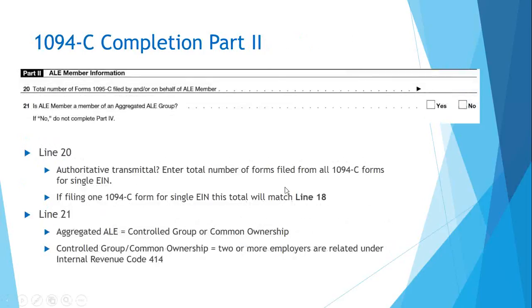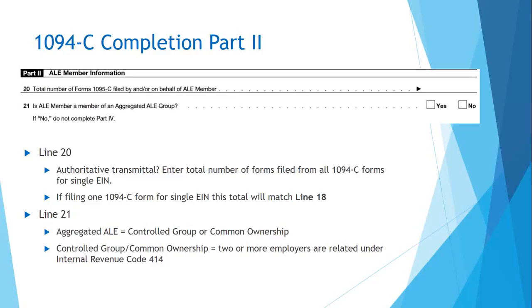So line 20 is in part 2, and this is part of the applicable large employer member information. If this form is the authoritative transmittal, enter the total number of forms filed from all of your 1094-C forms for a single EIN. So I'm hoping that makes a little sense.